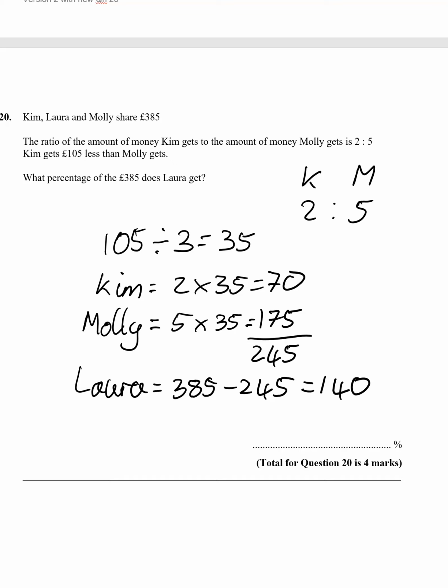What percentage of the 385 does Laura get? She gets 140 out of 385. That will give you the decimal, so times by 100, which gives you 36.36 or 36%.